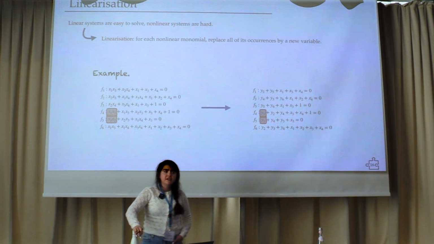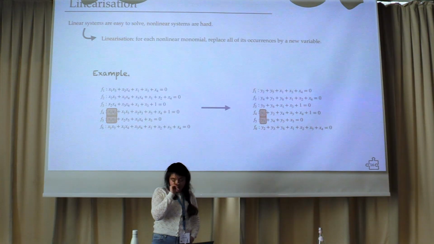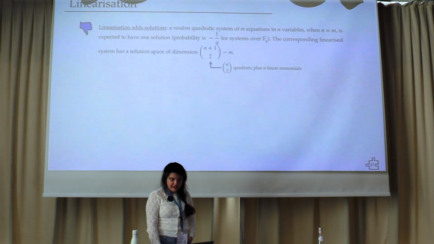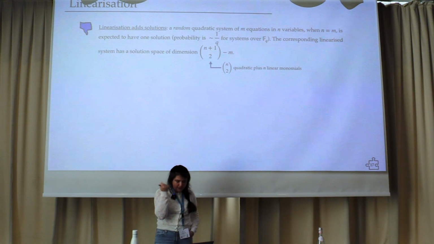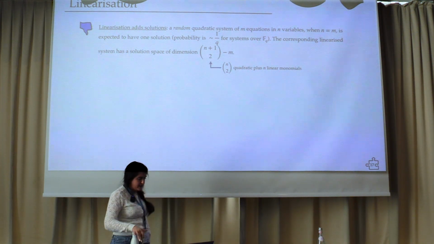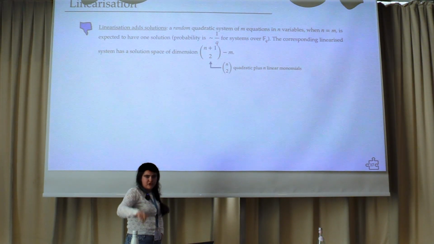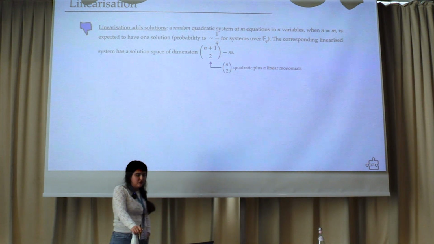When you're adding these variables, your system is still consistent, the solution will be there, but you're going to add more solutions, because you have some loss of information by changing this variable. Intuitively, from a linear algebra point of view, a random quadratic system of m equations in n variables should have about one solution.